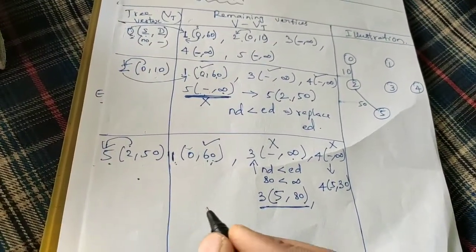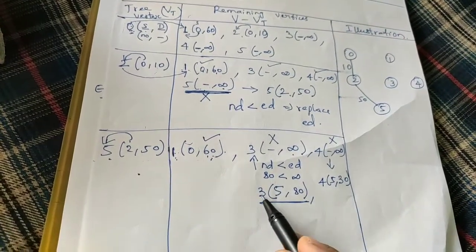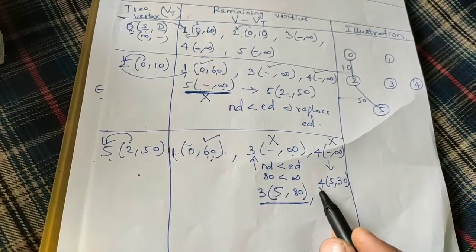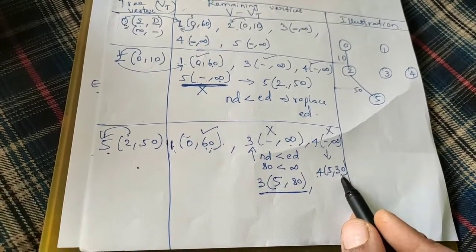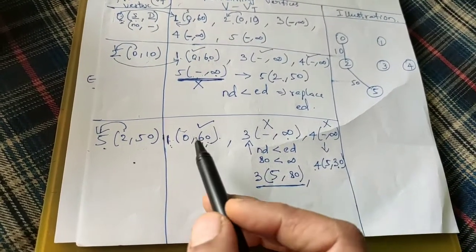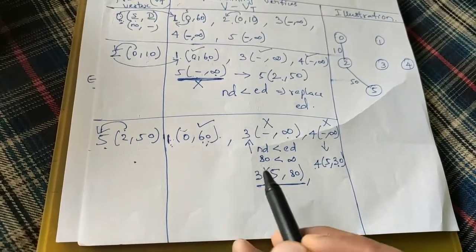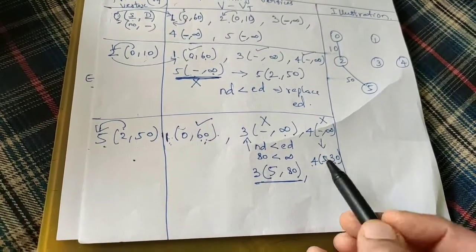Now out of this, 1, 0, 60, 3, 5, 80, 4, 5, 30. Which vertex is having the minimum distance value? When I compare these three, 60, 80, 30, the fourth vertex is having the minimum distance.